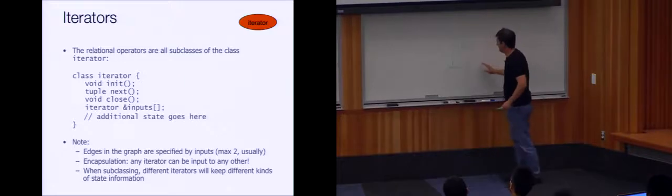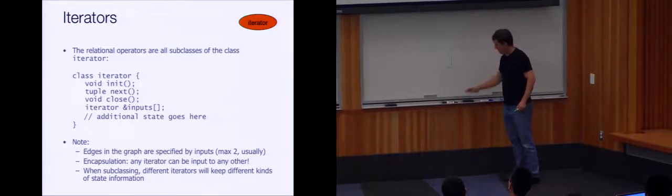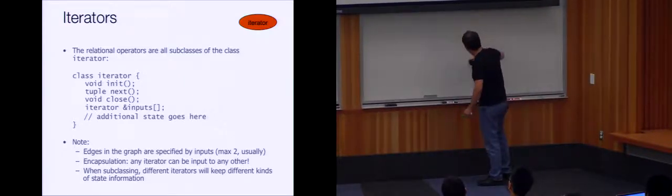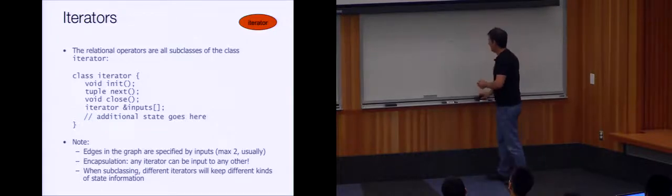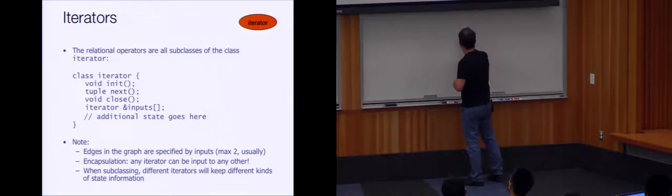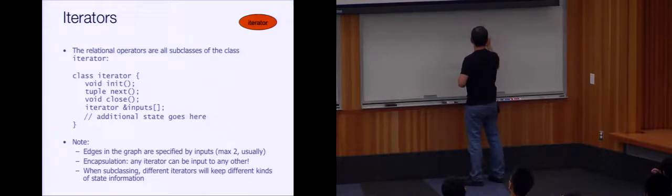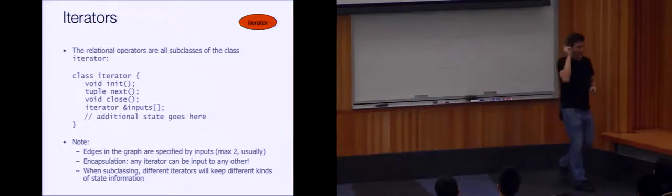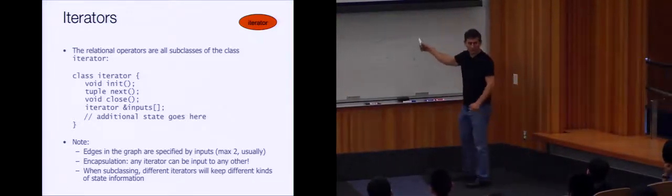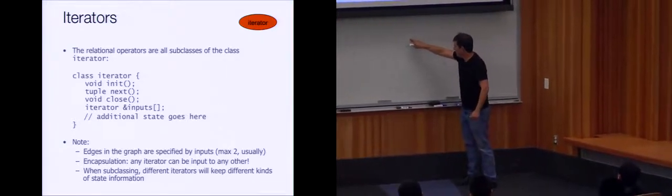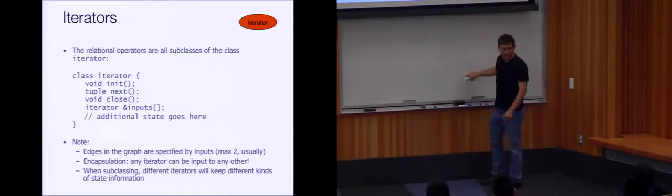So the edges in the graph are actually implicit. Right? This is the picture of the data flow. But actually the data structures are that there's three iterator objects, and this one has a reference to two of them in its inputs. That's actually what the data structure pointers look like. This class object points to this object and this object as its two inputs.